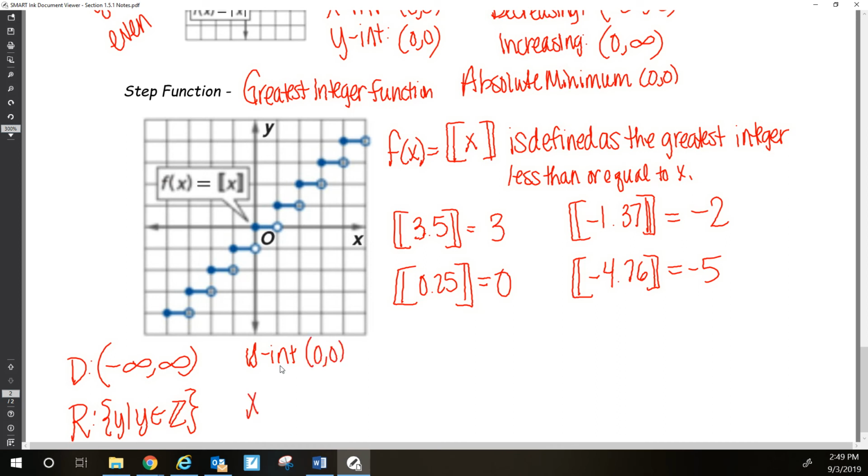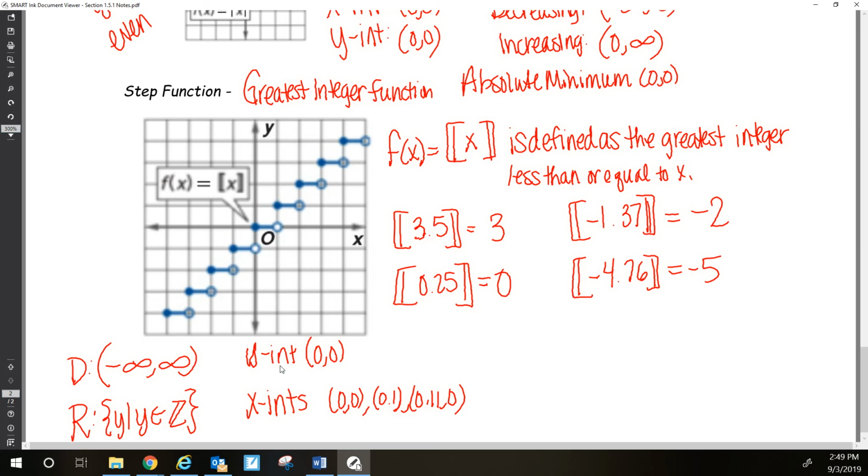What about x-intercepts? Notice how I say intercepts. It's going to be every single point between 0, 0, all the way up to, but not including 1, 0. So there's one at 0, 0, there's one at 0.1, 0, there's one at 0.11, 0. How many x-intercepts are there? An infinite amount.